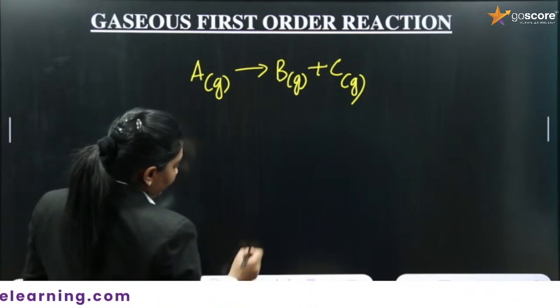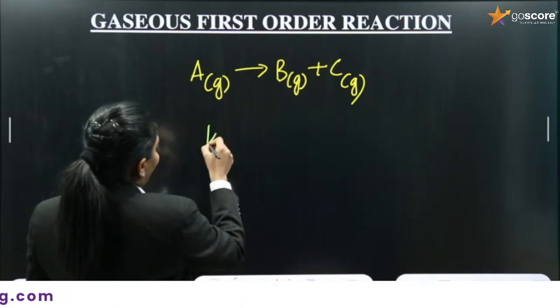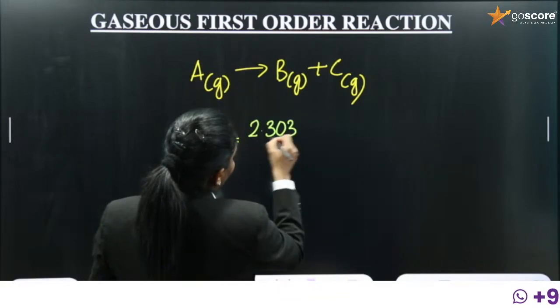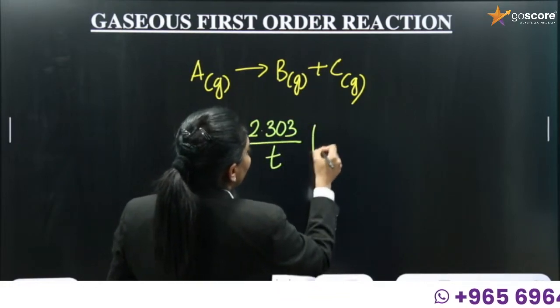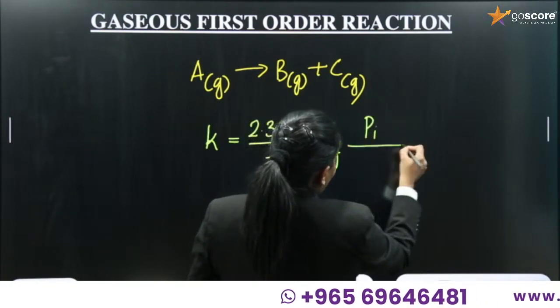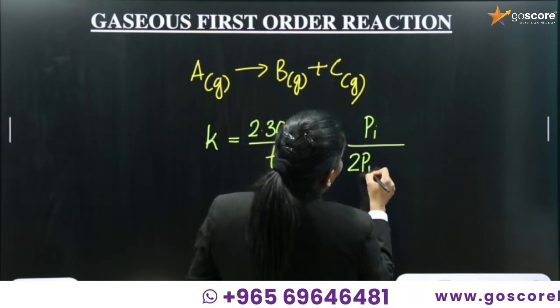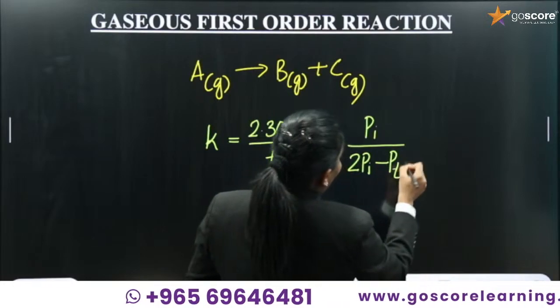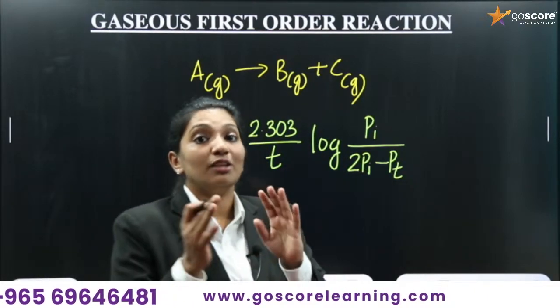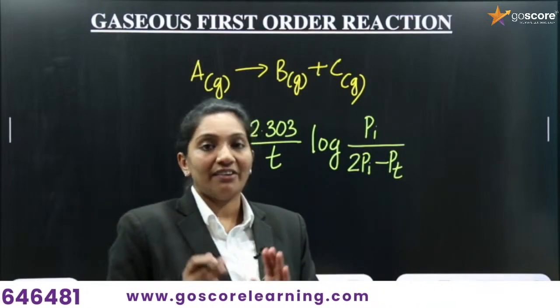We will write the rate constant as k equals 2.303 by t into log Pi divided by (2Pi minus Pt). Now what is this Pi? Pi is the initial pressure exerted by the reactant.